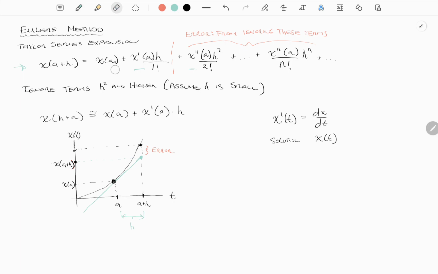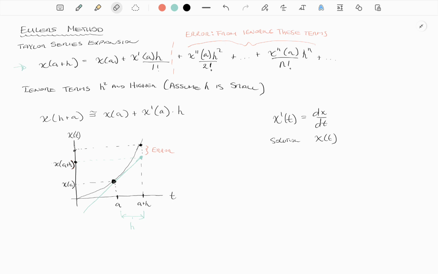This is the Taylor series expansion. This is the definition for the expansion of x. What Euler does is it removes the higher order terms, higher than first order.